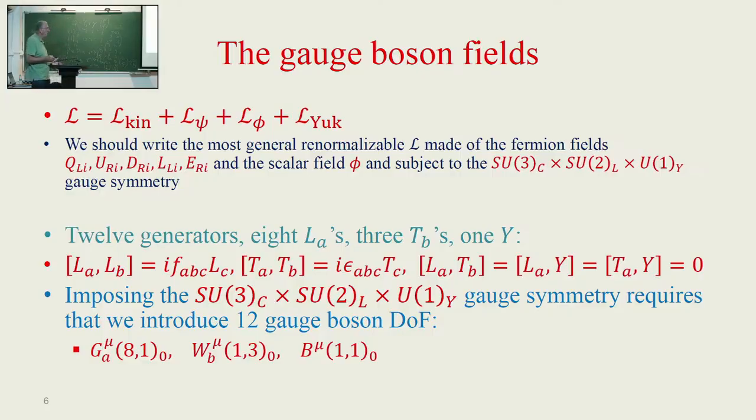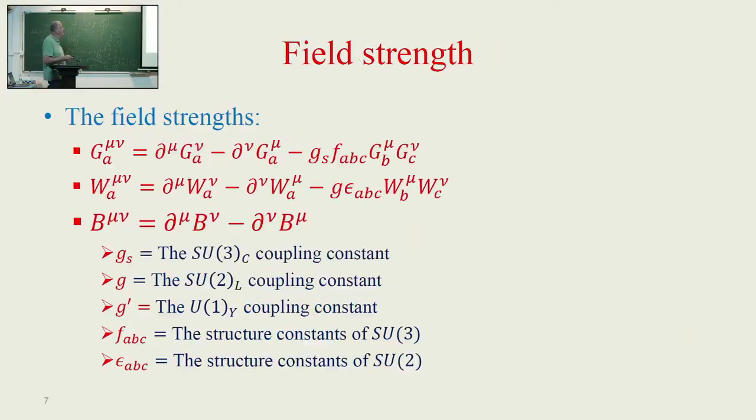So the model necessarily, once we impose this local symmetry, has these 3. It's 12 degrees of freedom, but it's really 3 things: the octet of SU3, the triplet of SU2, and the singlet of everything.